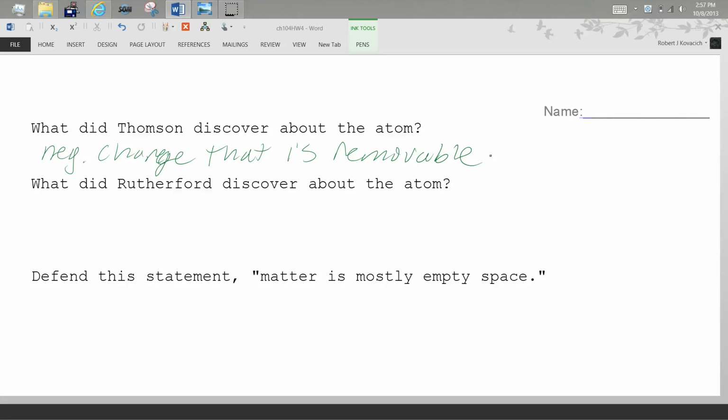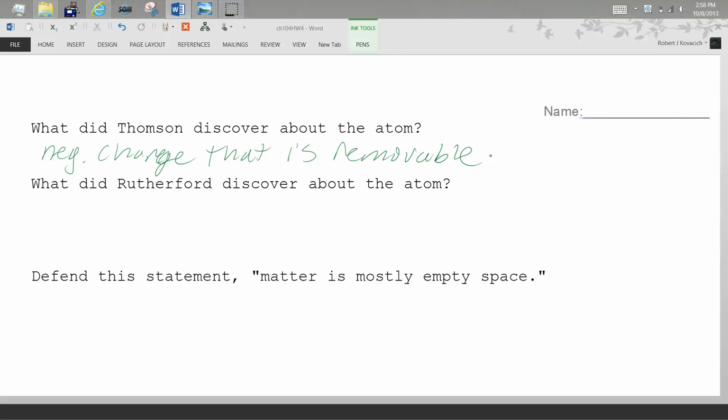The other stuff that he said about the atom turned out to be not true. But what he did discover about the atom is that there's an electron that can come off. That kind of turns out to be the most important part of this for chemistry, right? Because our definition for chemistry entailed what? Yeah, actions of electrons. Not actions of protons or neutrons or the nucleus, but the electrons. Everything that you see happening around you, those are chemical reactions, and those are just the electrons moving around, not the protons.